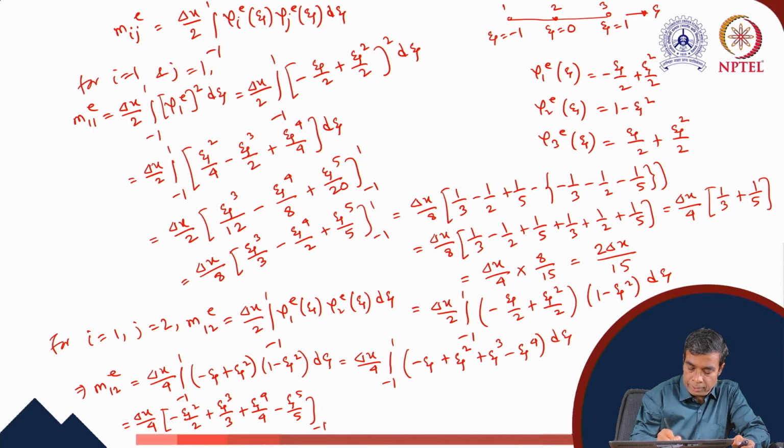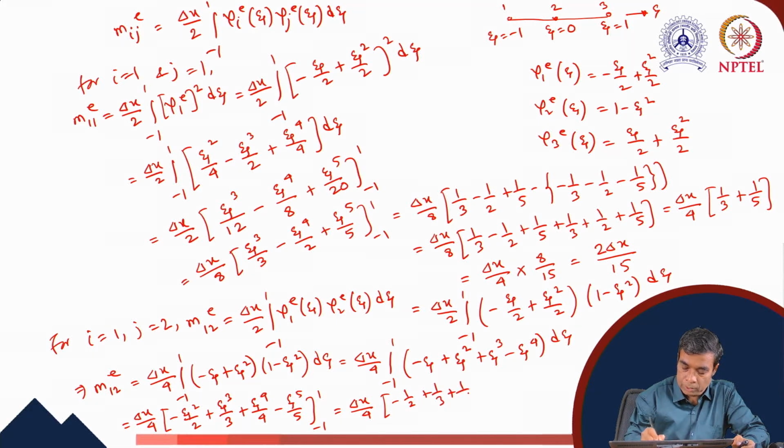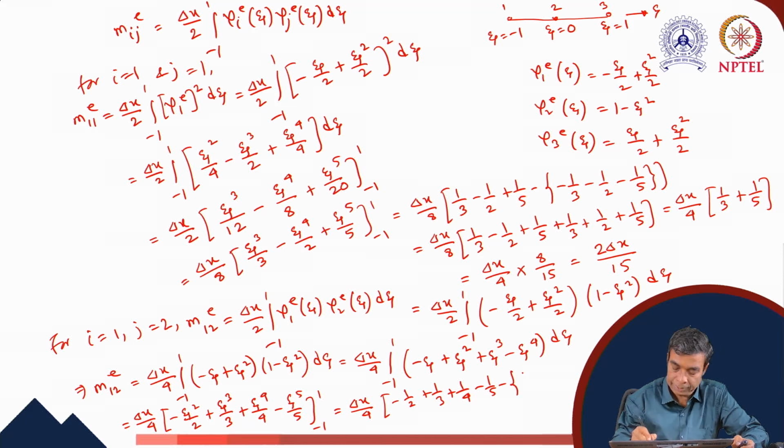It is varying from minus 1 to 1. Here we get Δx by 4 into minus half plus 1/3 plus 1/4 minus 1/5, minus, here we get minus half minus 1/3 plus 1/4 plus 1/5.